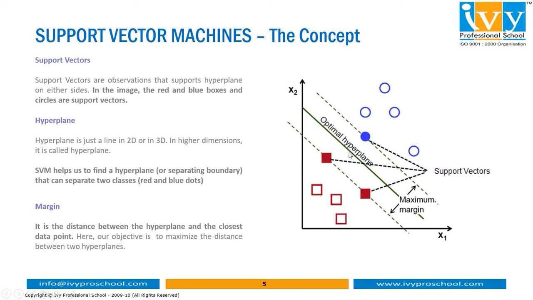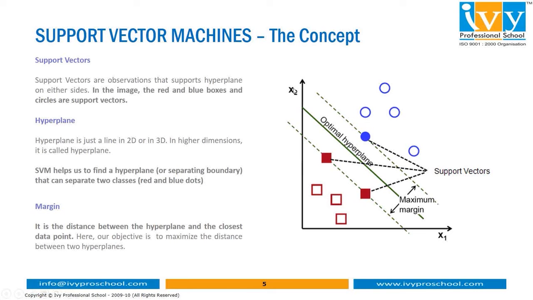What an SVM does is classify, or try to disintegrate, my two classes. Here I'm talking about a classification problem, so let's say y equals 0 and y equals 1. It tries to segregate between the two given my axis.